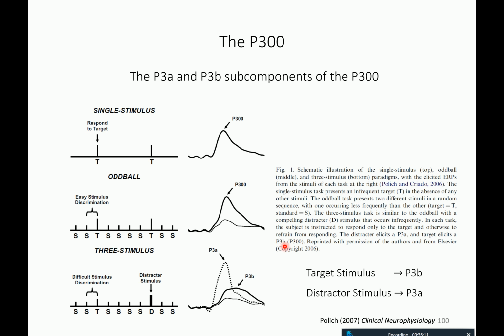And here one can say, for example, this difficult stimulus discrimination requires a lot of top-down attention, so you need to really pay attention to whether there's a difference, whereas the distractor stimulus is kind of this salient feature that just captures a lot of attention. So one could argue that actually in both cases you have the same level of attention, just being of different forms, bottom up and top down.